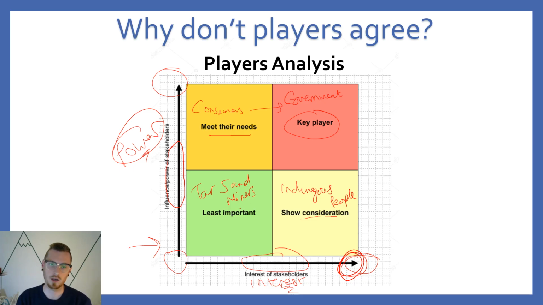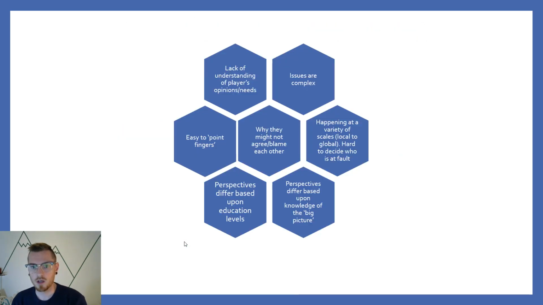Those who actually work in there probably have very little interest in the overall impacts of what they're doing because they need a job, they're earning money, and potentially they also have very little power because they're basically being employed to do that job with very little say. So this is just one matrix to think about why in certain situations players may not be agreeing with each other. Some may have more power, some may have more interest, a mixture of that.